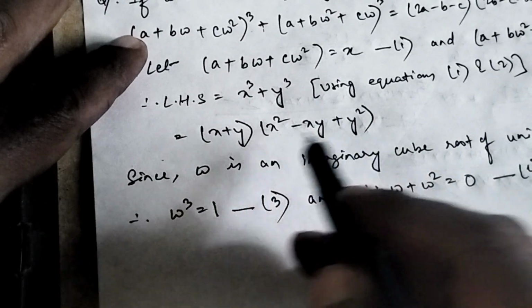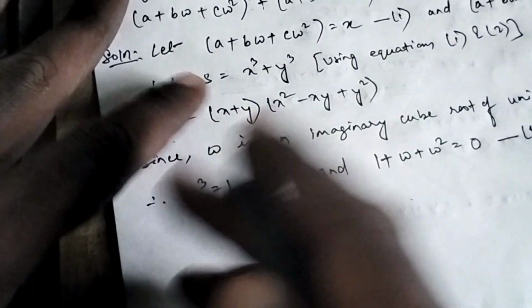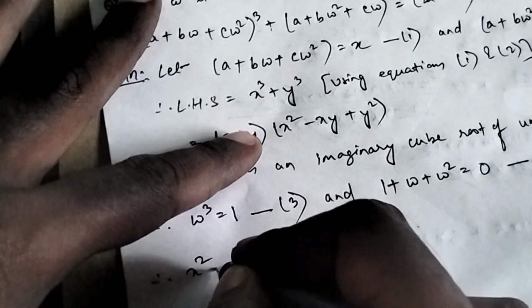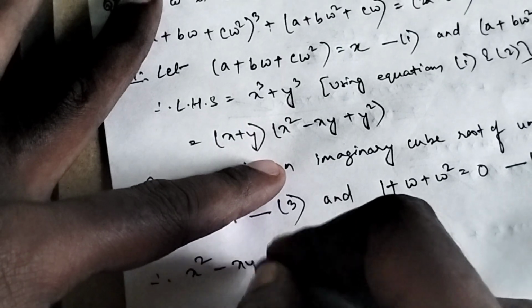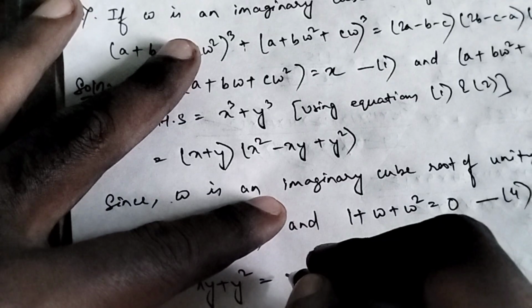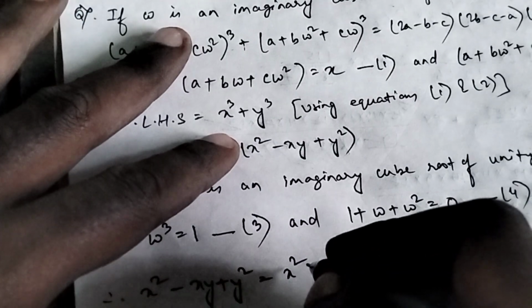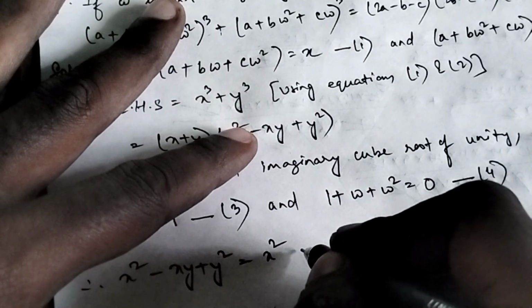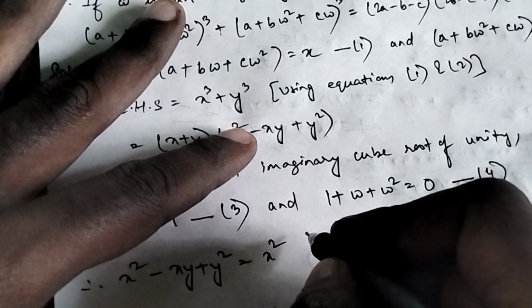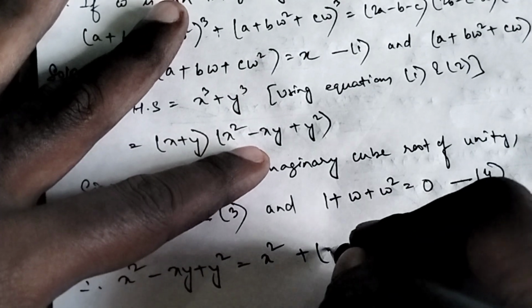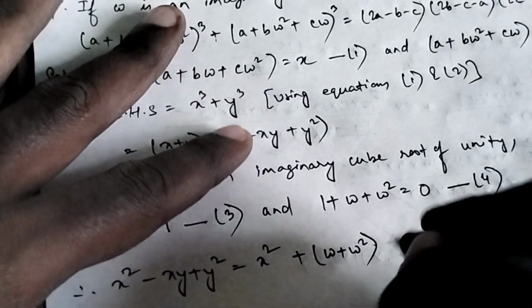we will try to simplify this one. So x square minus xy plus y square can be written as x square, then minus xy can be written as plus omega plus omega square into xy.